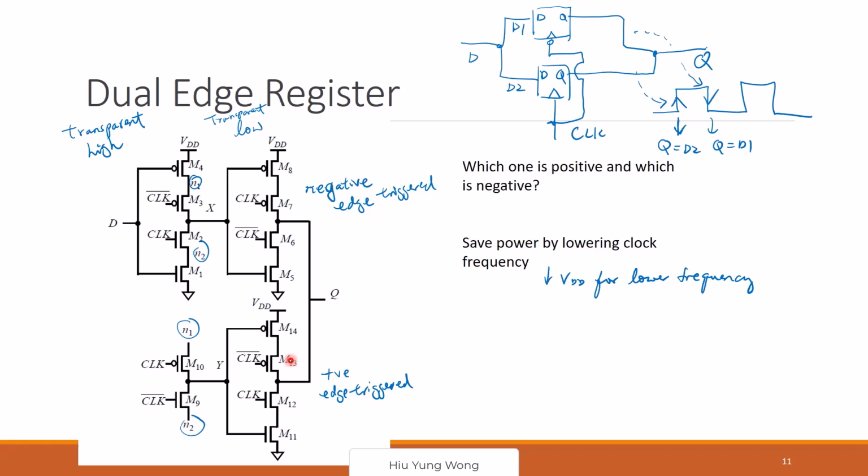Using a dual edge, each is going to be slower, but you have the same throughput because, for example, you can reduce the frequency to half, and you still copy 2 times. For example, it was 1 gigahertz. Now you do 500 megahertz.